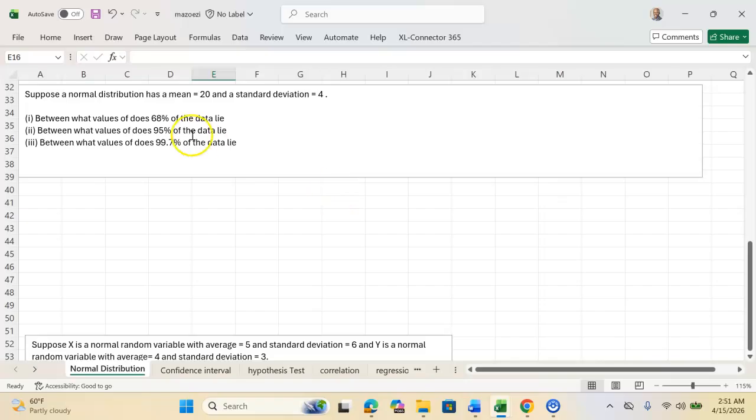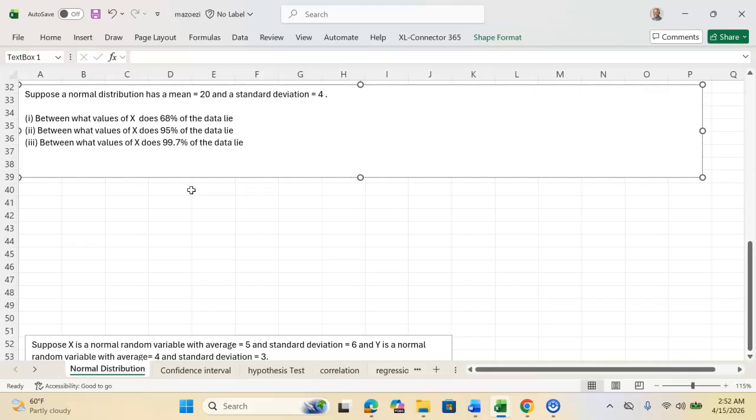Let me put x here, assuming this variable is x. And between what values of x does 95% of the data lie? And finally, between what values of x does 99.7% of the data lie?